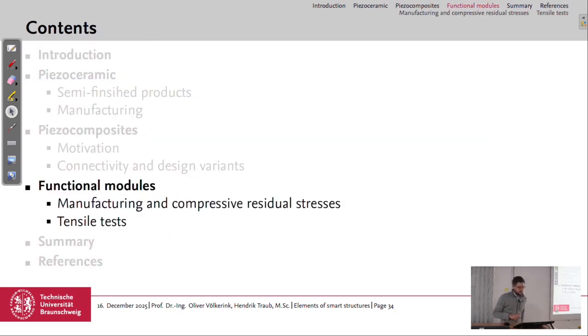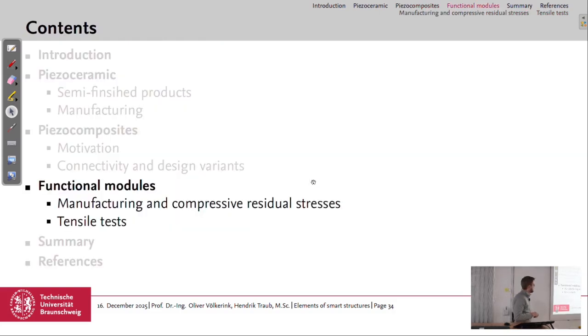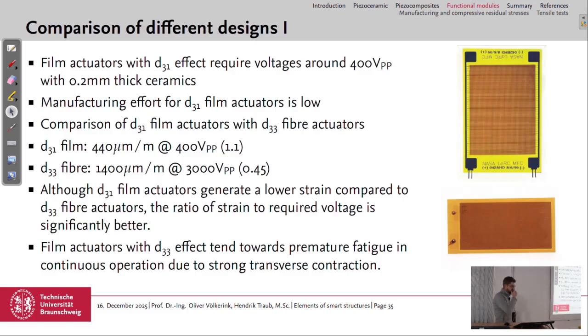So now we are coming to the functional modules. We had a look rather theoretically at how they are built up, how the connectivity is and which effect we are using. Now we look at the functional modules, so really the transducers we have on this specimen. If we compare different designs, we saw that we can have surface actuators with the D31 and the D33 effect.